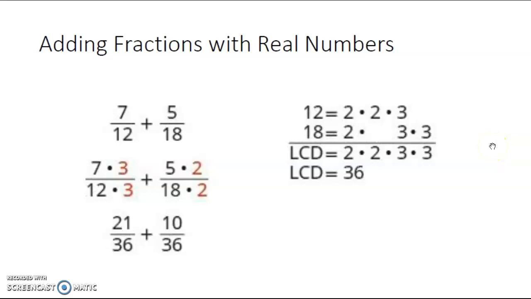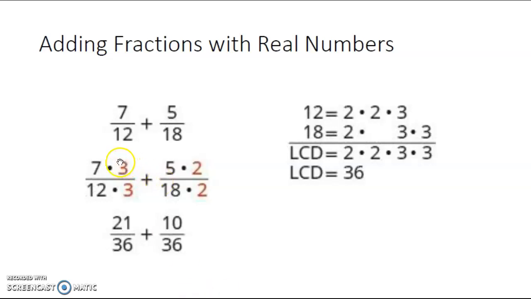We take all of the factors, which would be a 2 and a 3, and we take the higher exponent. So in exponential form, 12 would be 2 to the second times 3. For the 2's, 2 to the second compared to 2 to the first, we take 2 to the second. And for the 3's, we have 3 to the first and 3 squared, we take 3 squared. So the LCD there would be 36.